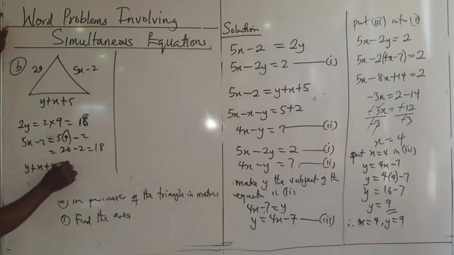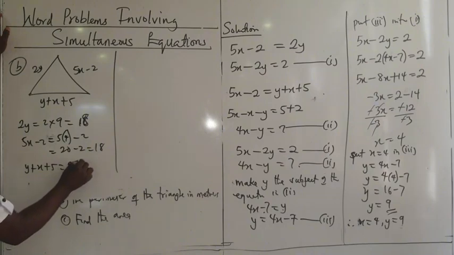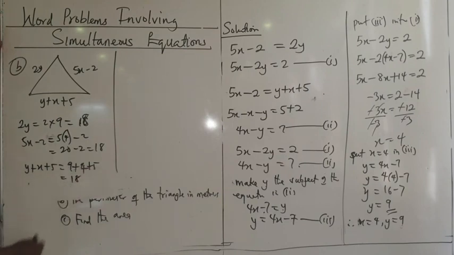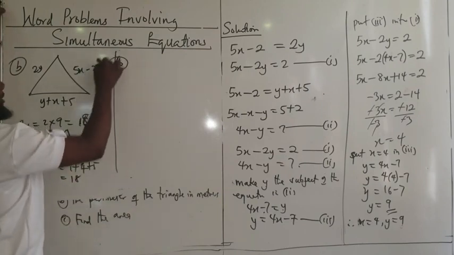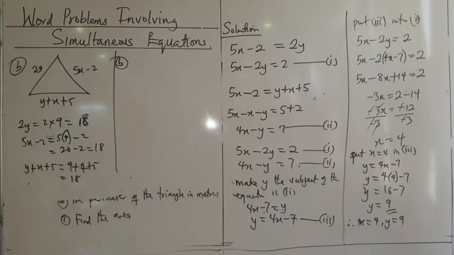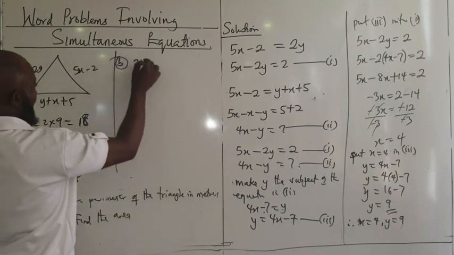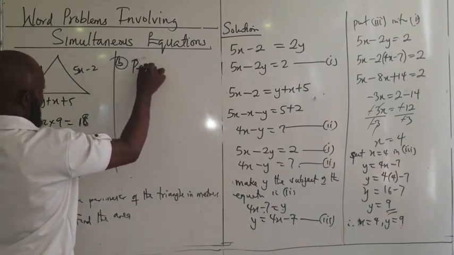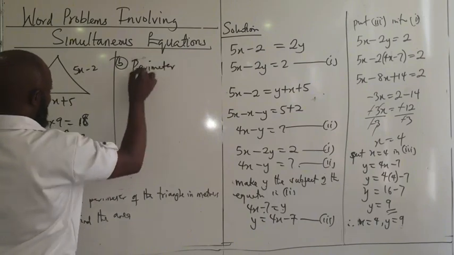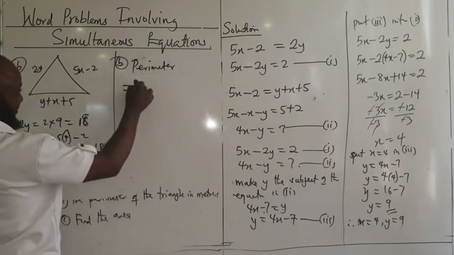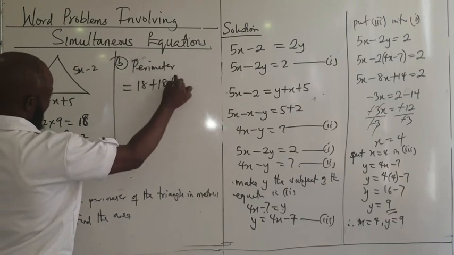That is y, which is 9, plus x, which is 4, plus 5. So 9 plus 4 is 13. 13 plus 5 is 18. So which means the perimeter of the shape will then be equals to 18 plus 18 plus 18.